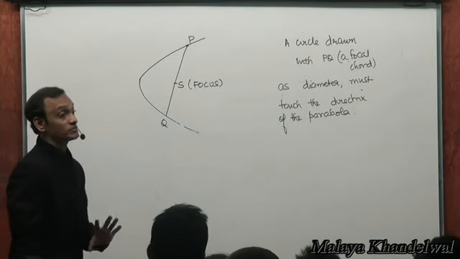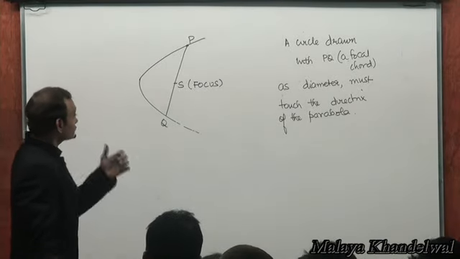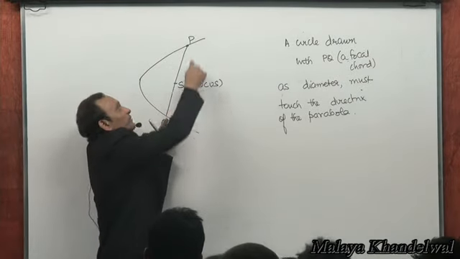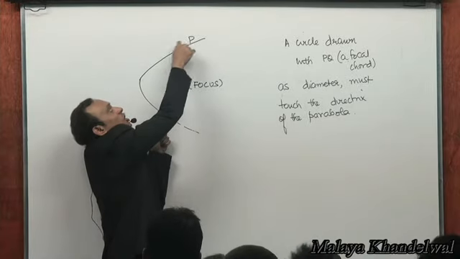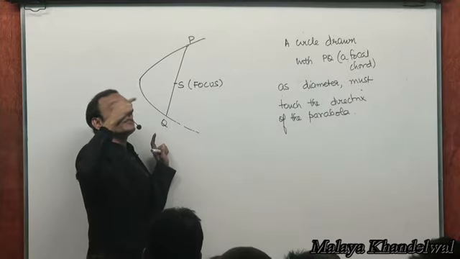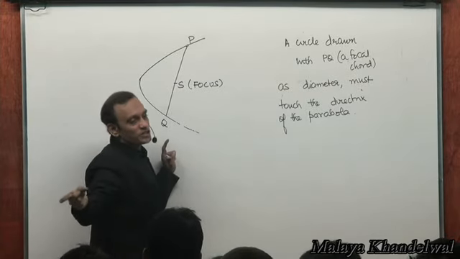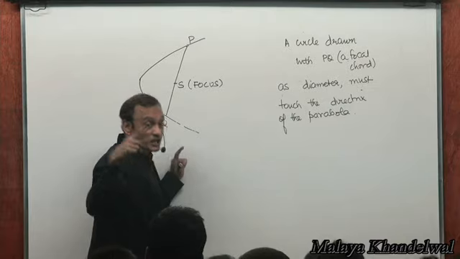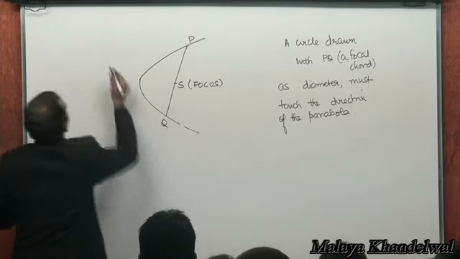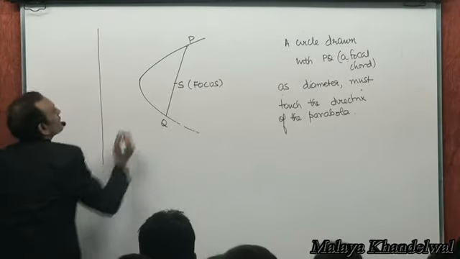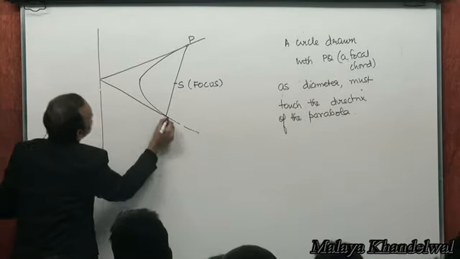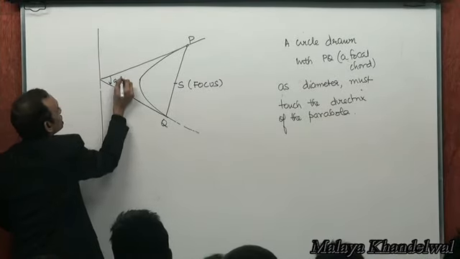Now, that's not difficult. This is a focal chord, and with PQ as the diameter, I seek to draw a circle. I claim that the directrix must be a tangent to the circle. I will just give you a small indication. If I draw a tangent at P and a tangent at Q, then these tangents must be perpendicular to each other.